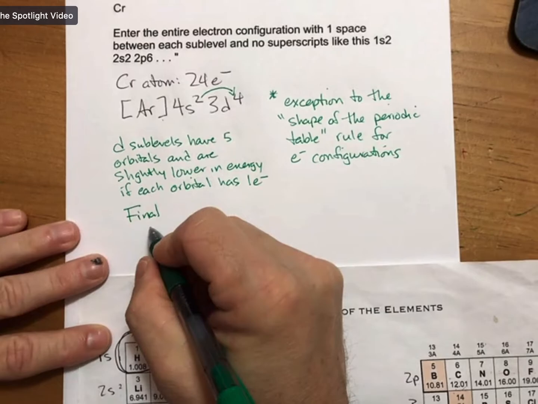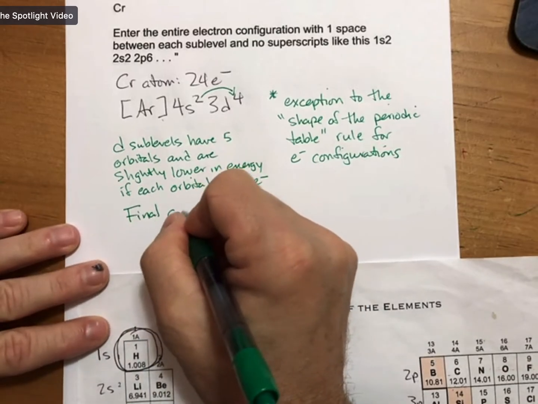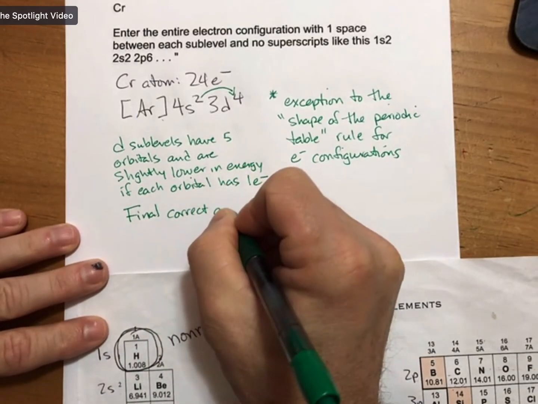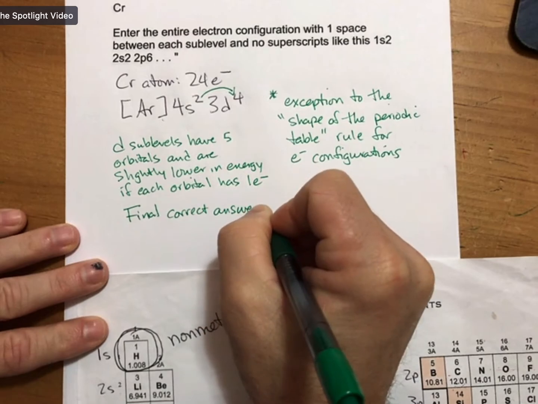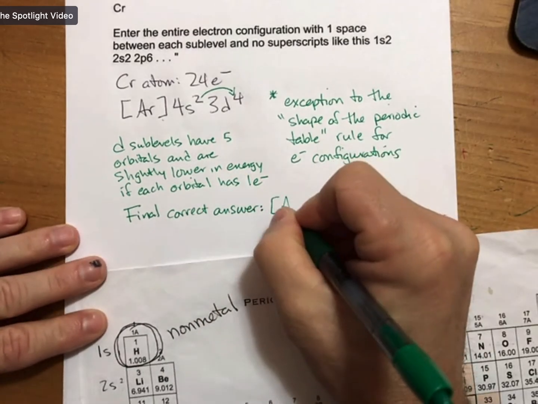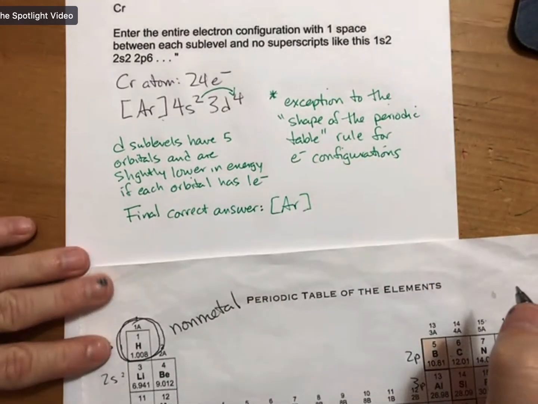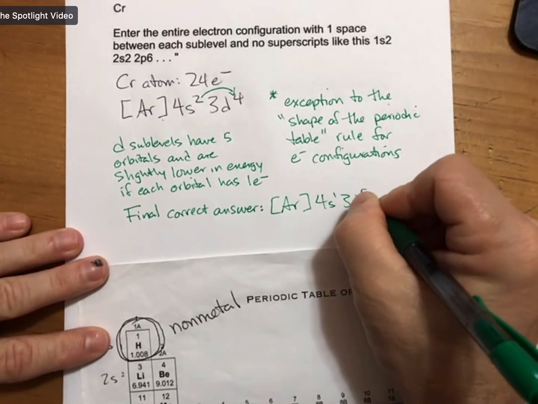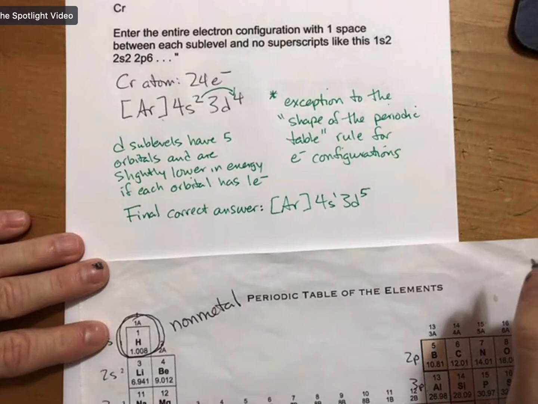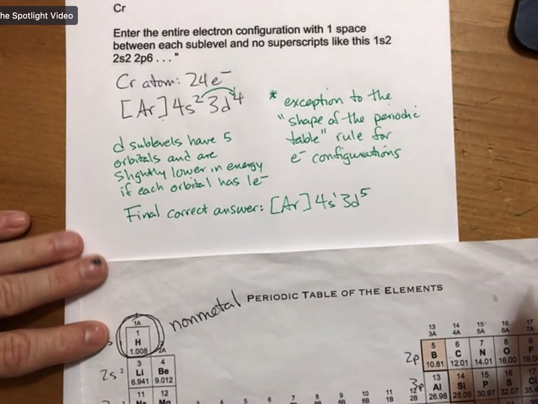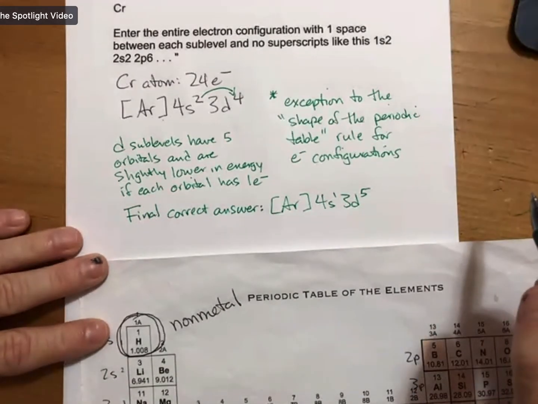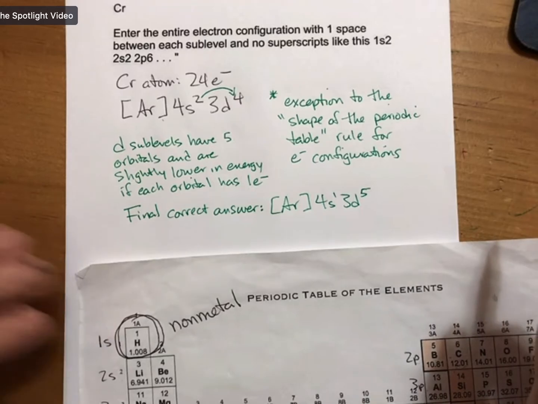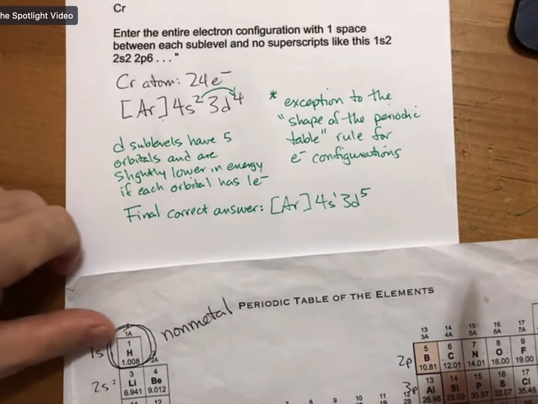So I'm just going to write final correct answer: argon 4s1 3d5. That's why it's an exception. And there are 5 exceptions that you have to know.